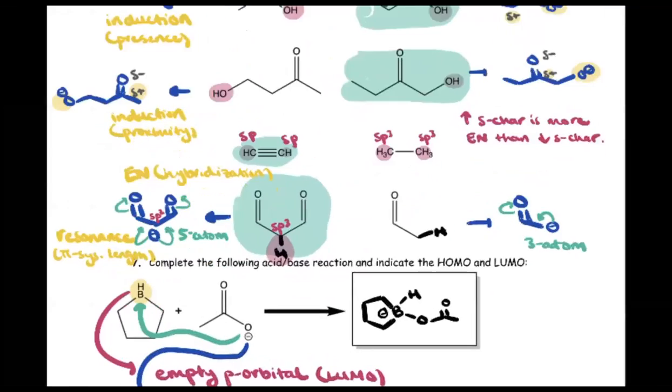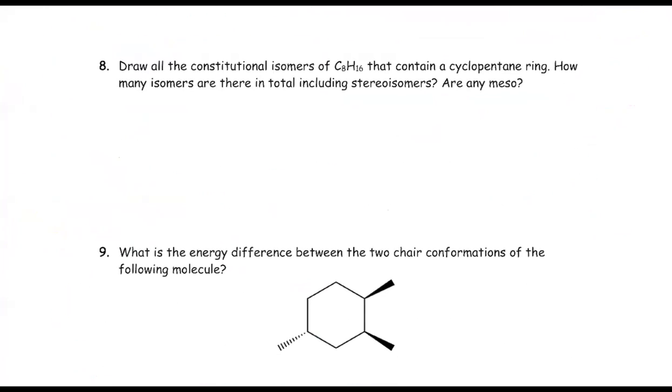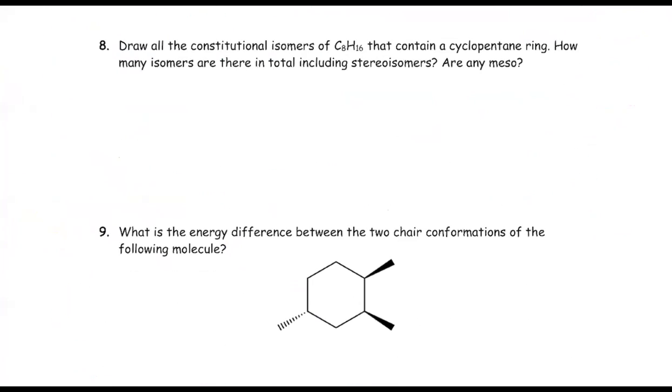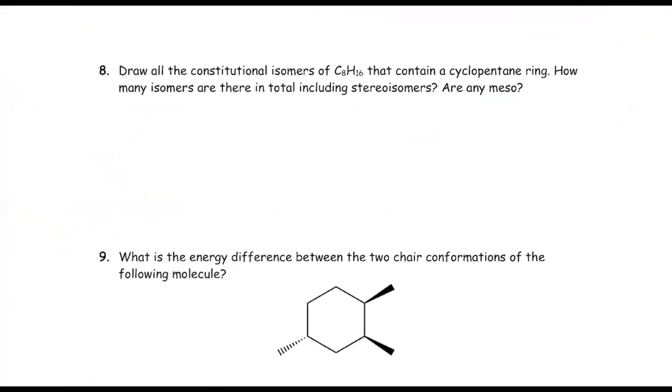Okay, next up. Everyone's absolute favorite thing ever, constitutional isomers. It says, draw all the constitutional isomers of C8H16 that contain a cyclopentane ring. Cyclopentane, you guys should remember, is a 5-membered ring. So that means that we have 3 carbons left to play around with.